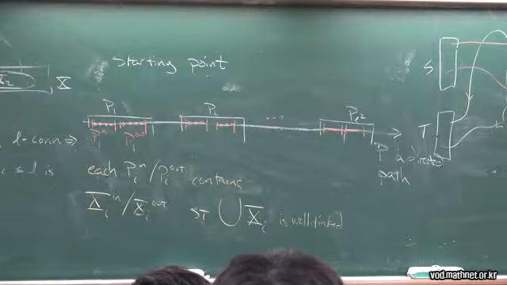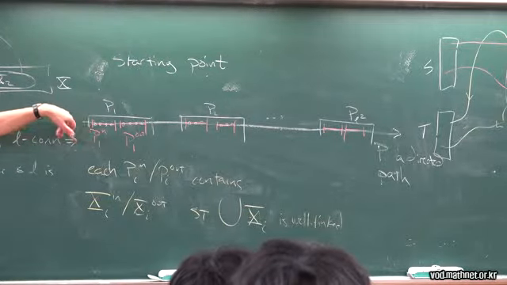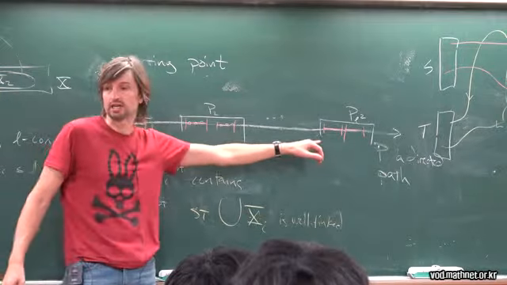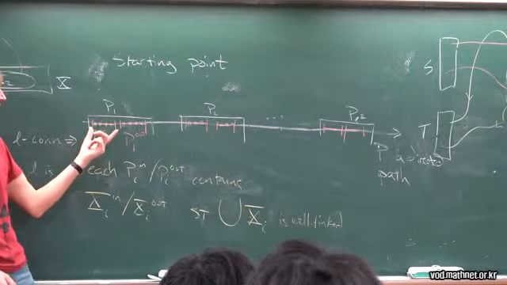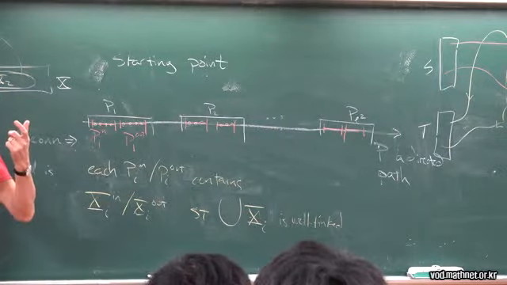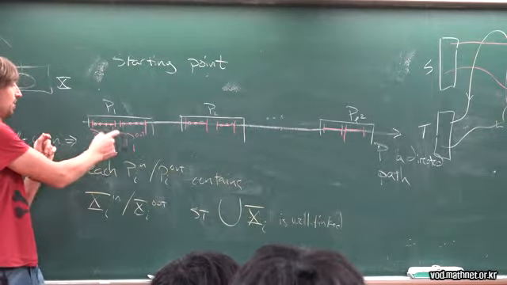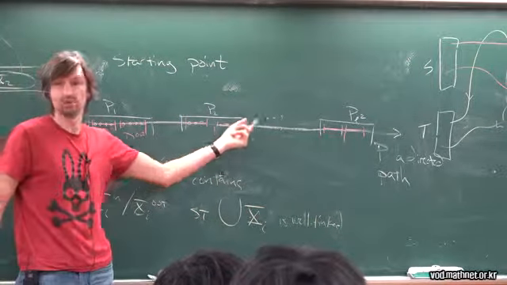Again, let's take a step back. My starting point for finding the bramble: I want a very, very long directed path so that I get a well-linked set spaced out over the course of the path. So I break it up into little chunks called P1 in, P1 out, P2 in, P2 out, etc.